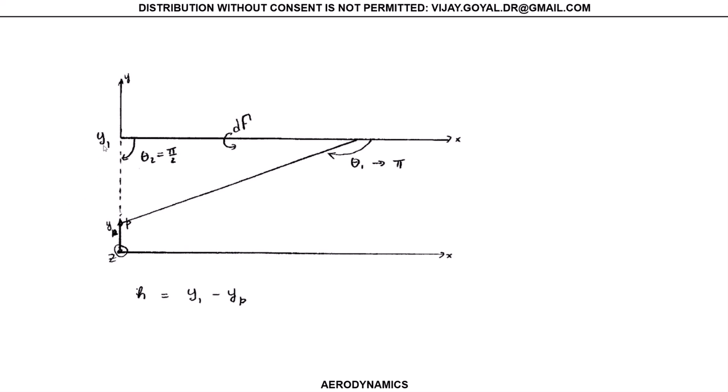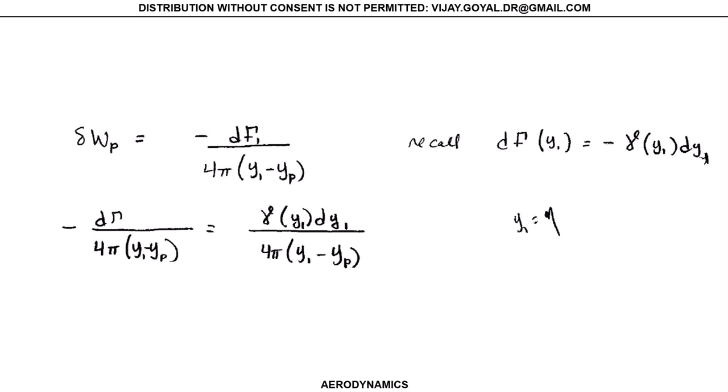Biot-Savart's law says that if I have this line here, and you have this rotation, I want to know what my velocity is at any point, let's say this point, or this point. Then I just have the dimension, I got the angles, and I can find what I was looking for. What you want to do for the downward velocity, you solve for that.